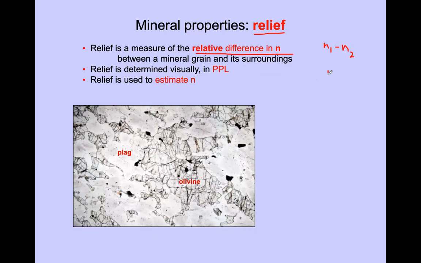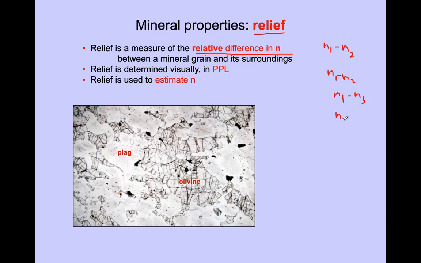So there will be several values you can find: N1 minus N2, N1 minus N3, and also N2 minus N3.